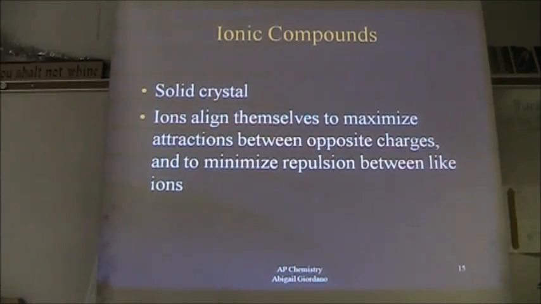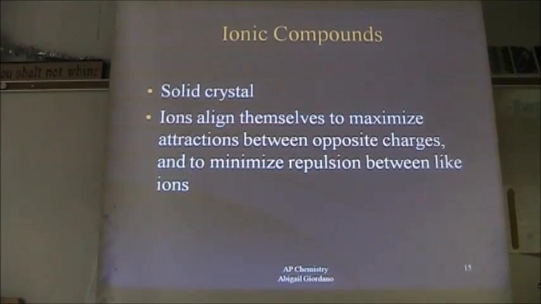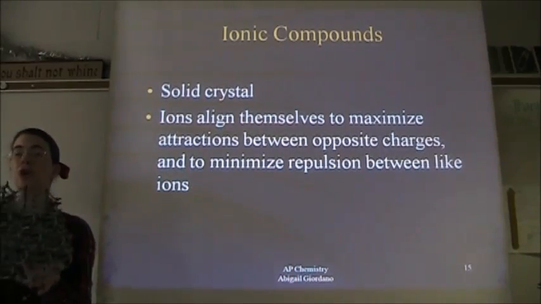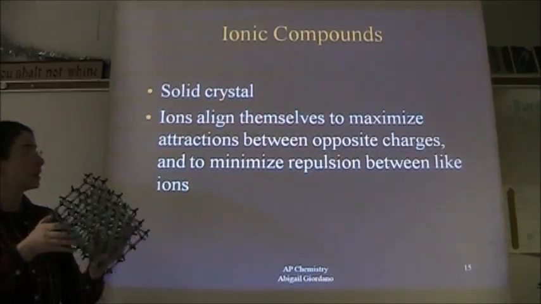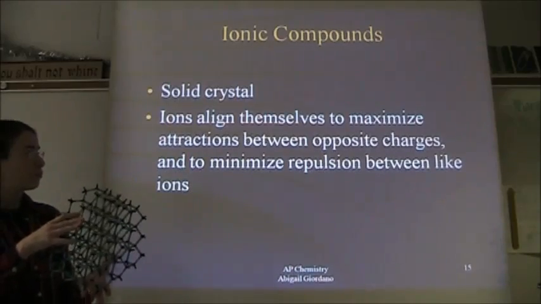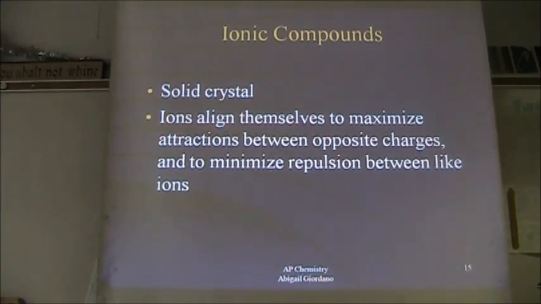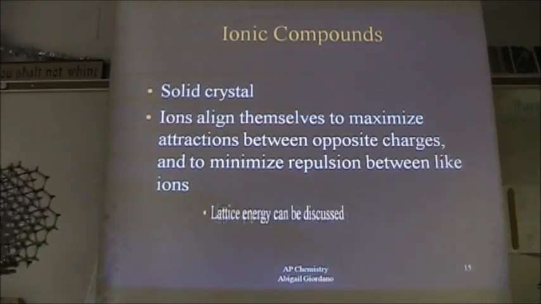Okay, ionic solids, obviously ions, positive charges, negative charges, opposites attract. So it's a very strong connection, guys. Ionic bonds are very, very strong compared to covalent bonds. Okay? So you get this regular repeating structure, and there's actually a word for that.